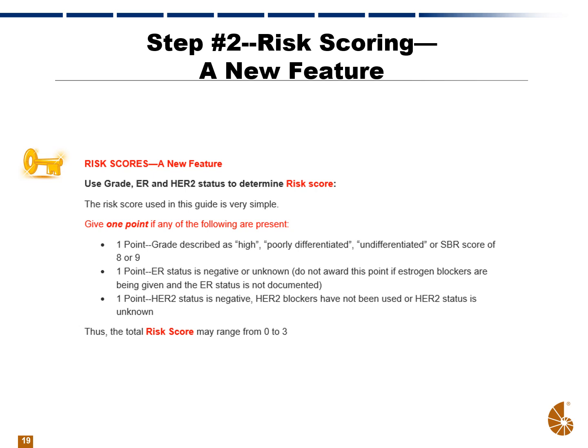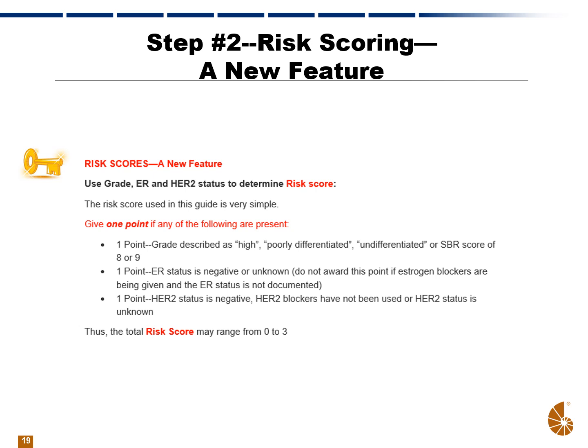It uses the grade, ER positivity or negativity, and the HER2 status to determine the risk score. And as we went through before, you get 1 point if the grade is high or poorly differentiated or undifferentiated. You get 1 point if the ER status is negative or unknown, and 1 point if the HER2 status is negative.